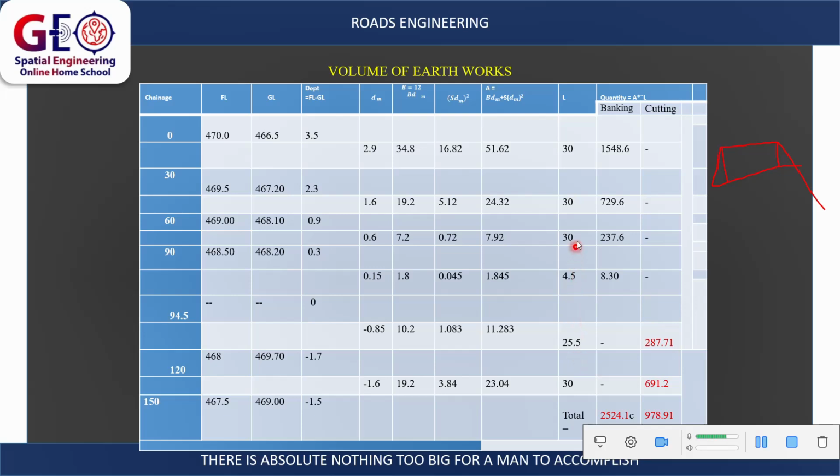At the end of the day, since we have our surface area, we have our length, we have our total surface area between the chainage points and half our length, we can now, with this formula, quantity equals area multiplied by length, calculate the volume of earthwork involved in each section of the road. So we have calculated the volume of earthwork, banking and cutting.